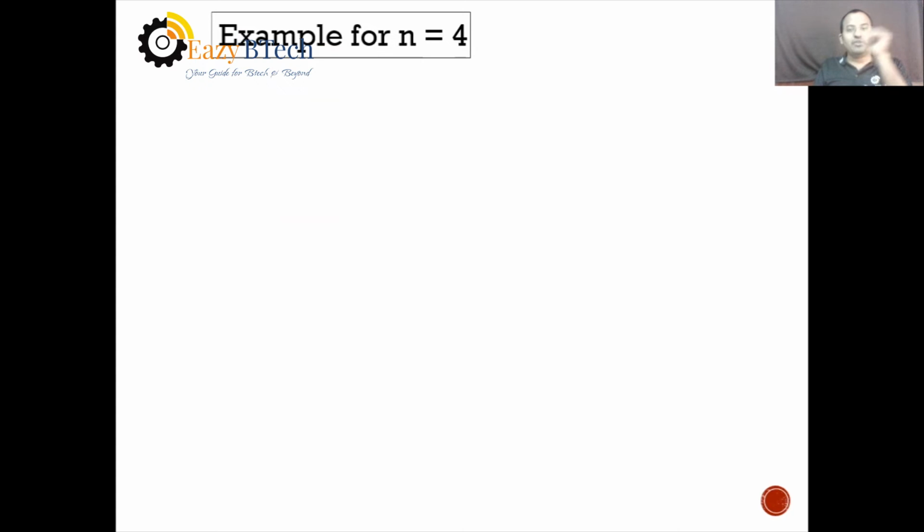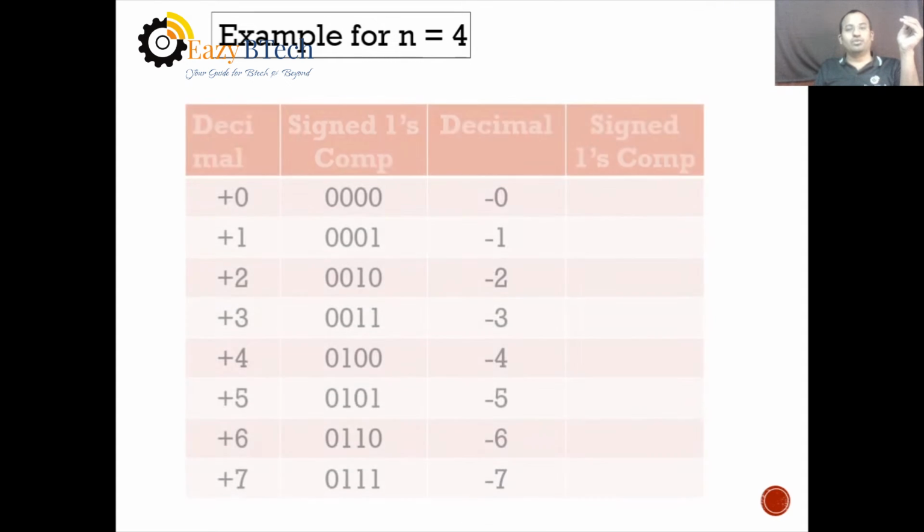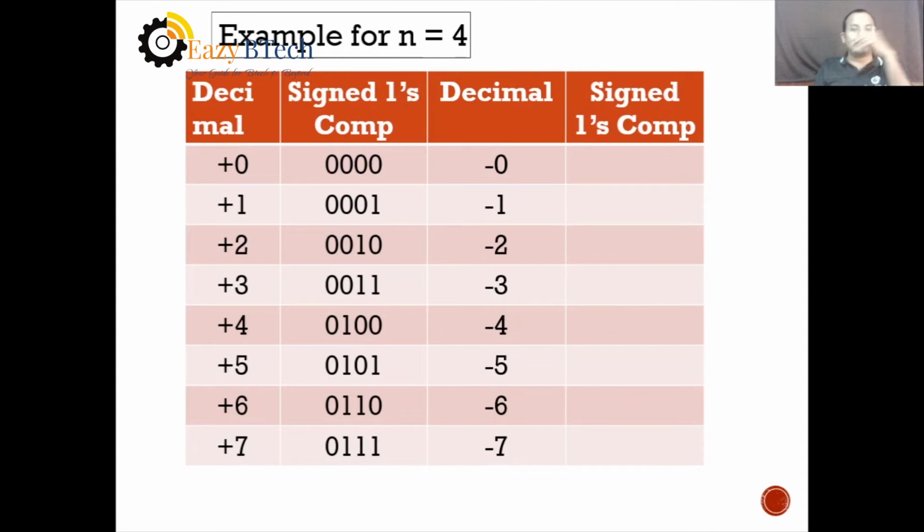For example, if you take n equal to 4, as I have said, positive numbers will be represented the same as in signed magnitude representation. The MSB bit is 0, and the remaining bits indicate the magnitude.